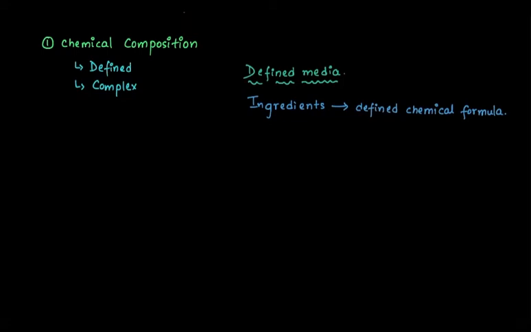So all of these we mix together and we make the media, and that is why it is called defined media, because the composition of the media is known. And since we are literally giving every bit of salt, every bit of supplements, and making the media, these kinds of media are also called synthetic media.